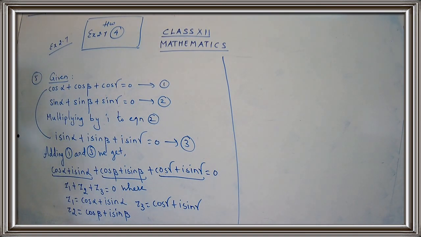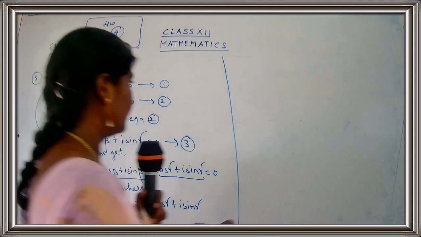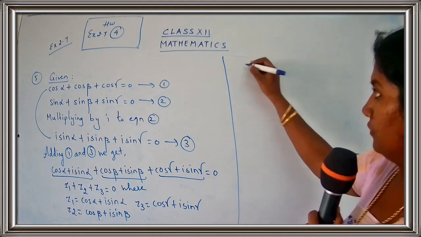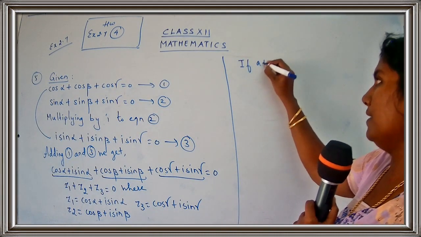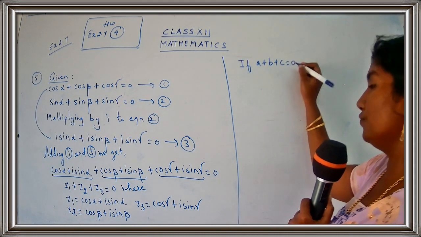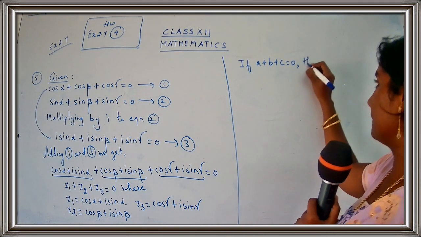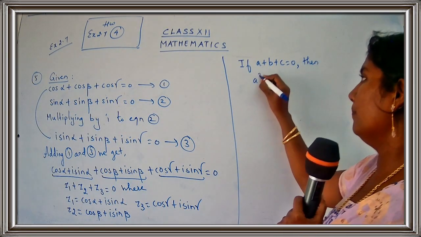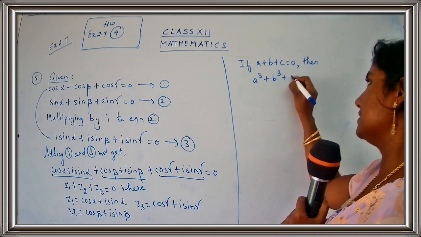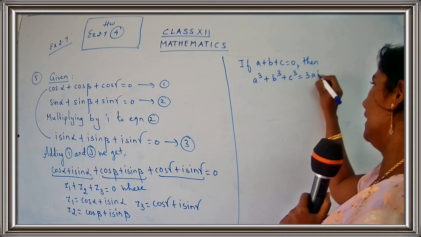Okay children, so now we are going to apply an identity over here. This identity we would have studied in our 9th standard, so just recollect it. If A plus B plus C is equal to 0, then A cube plus B cube plus C cube is equal to 3ABC.